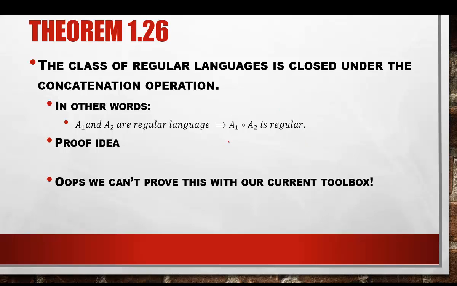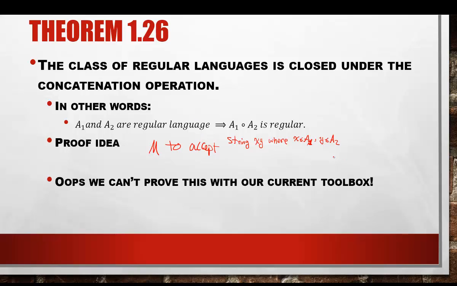So here, what I want to do is show a string xy, where x belongs to A sub 1 and y belongs to A sub 2, and then I want to make M accept all these strings. So the idea is to combine these two languages together to make the process work.